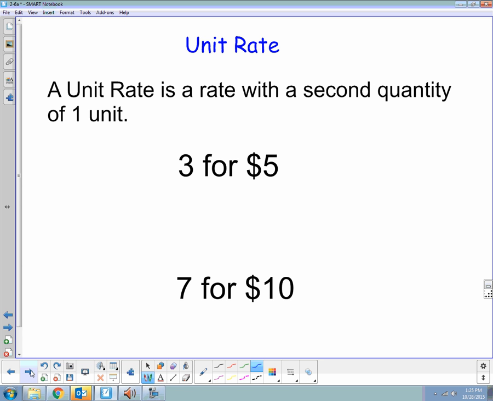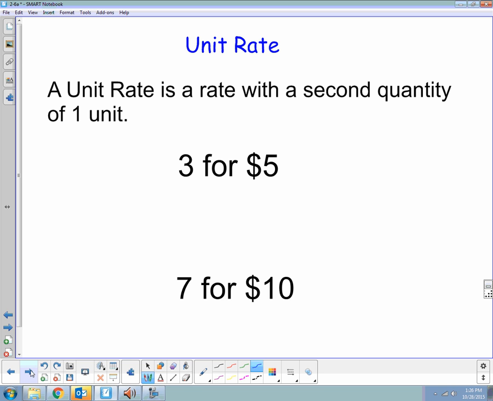Unit rates. We did already talk about unit rates, and we had some questions with Penelope and Jeff. There's one specific type of question I want to look at, and that's when you're dealing with dollars. So if we have 3 for $5, let's say 3 apples for $5. So that's what it is in the store, 3 apples for $5.